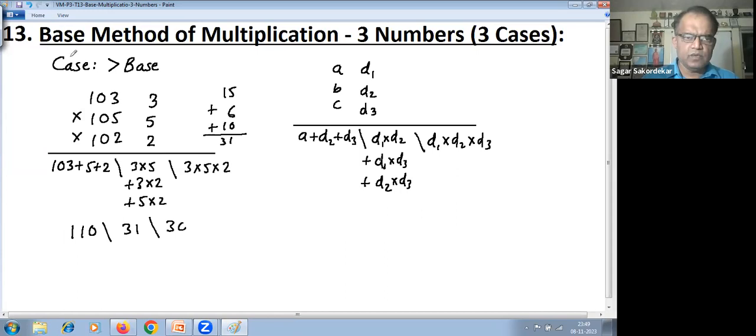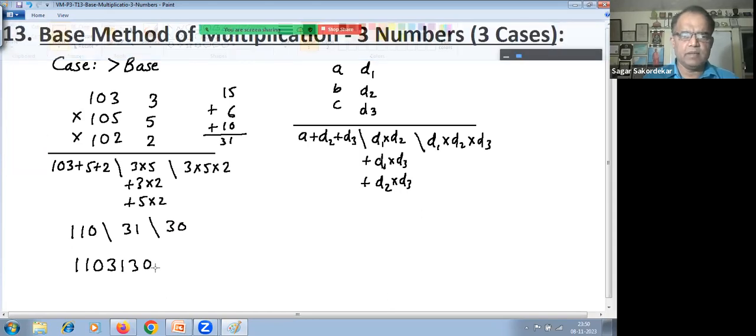Now as we know the base method, this part should be 2 digits, and this part should be 2 digits. If there are fewer digits, you have to put zeros; extra digits, you take to the left. Now here you are getting a match. Base here is 100 for this problem and you got 2 digits, 2 digits. That's correct. Just join: 110 31 30 is the answer of this multiplication of these three numbers.